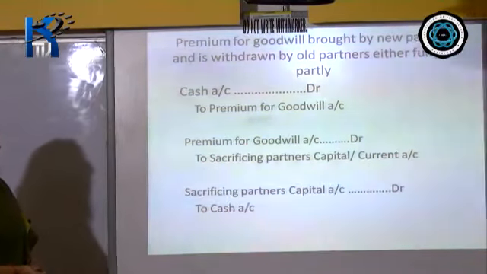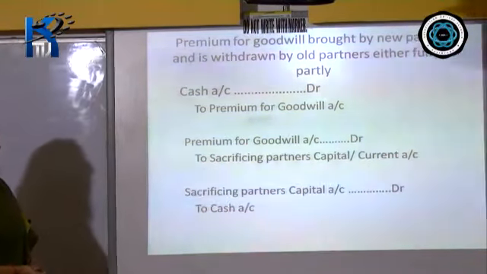Goodwill will be written off against the old partners' capital accounts in their old ratio. So this was the first entry: old partners' capital account or current account to goodwill. Now the concept of old goodwill is clear because it is finished. Let us see, the new partner brought his share of premium in cash. So cash account debited to premium for goodwill, the same entry.